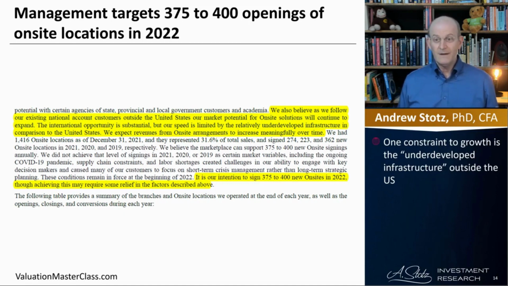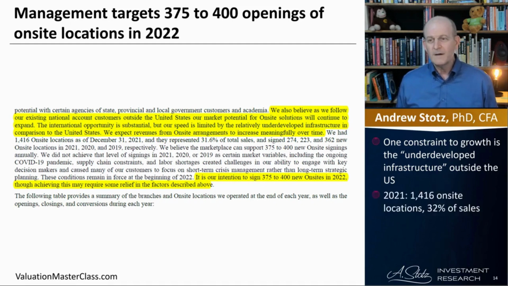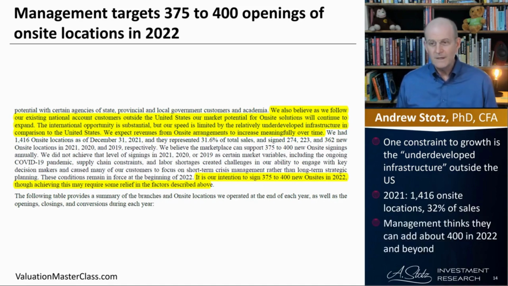Well, they're saying underdeveloped infrastructure. So next, it says, it is our intention to sign 375 to 400 new on-sites in 2022, though achieving this may require some relief in factors described above. Here we can see 2021, there were 1,416 on-site locations, which is 32% of revenue, and management thinks that they can add about 400 in 2022 and beyond.